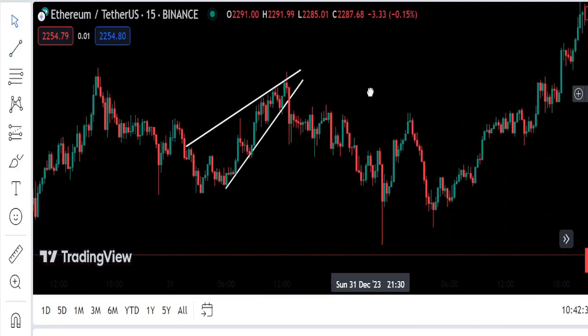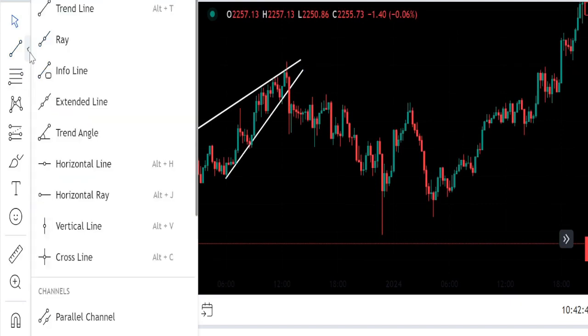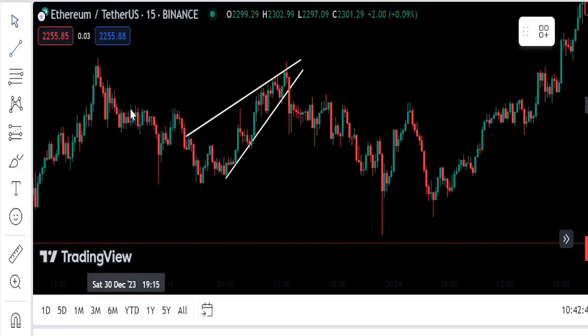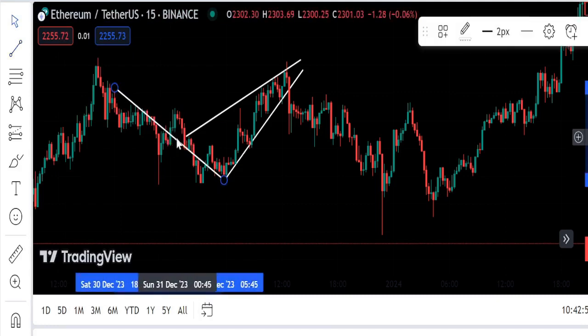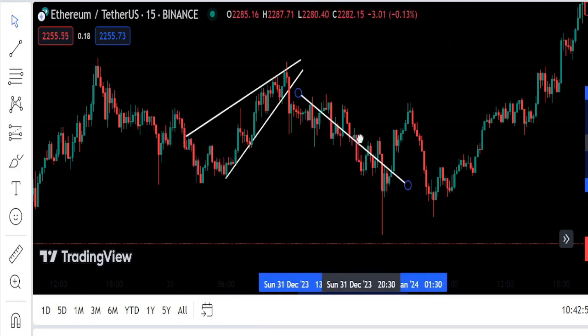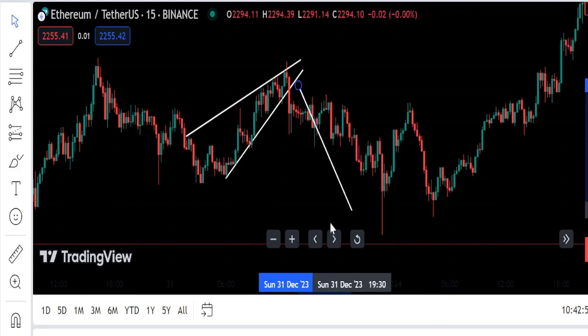So once again, you can enter this trade on this breakout candle, and our target price could be this distance from here to about, let's see, projected price to be here.